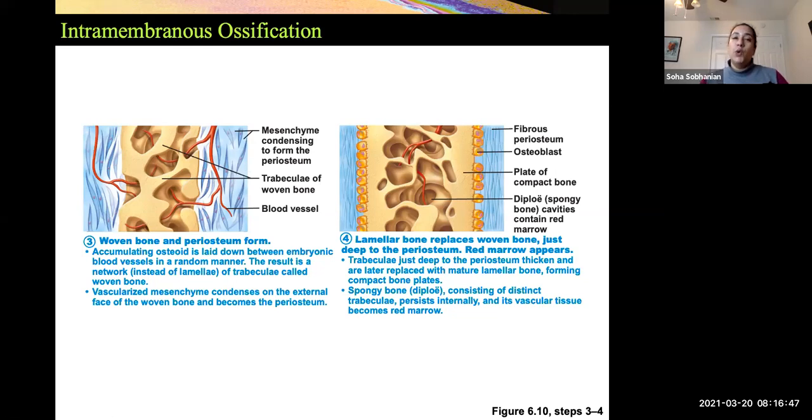You create holes that is called the woven bone and introduce blood vessels into it. You put a membrane around it, which is your periosteum. And then the last thing you do is you create your compact bone on either side and add your red bone marrow, which is necessary for blood cells.